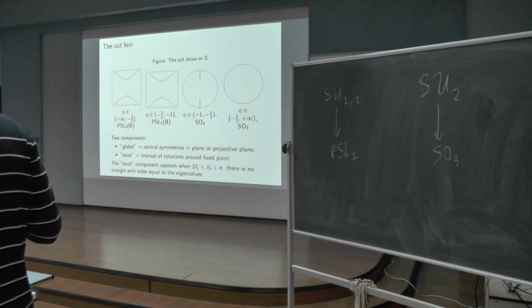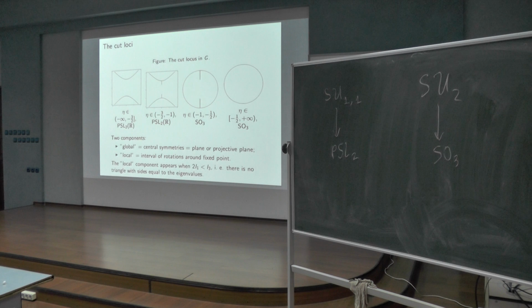And when such a triangle exists, then I know the mechanical interpretation of the Riemannian problem on SO3. It is the free motion of a rigid body fixed in one point.